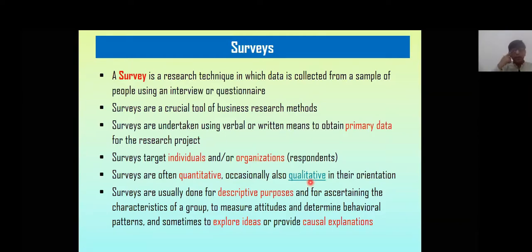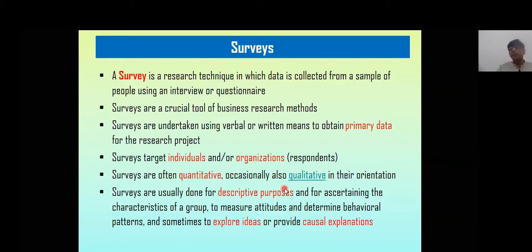In qualitative research, the responses are in the form of answers. That's why in quantitative research mostly we have a close-ended questionnaire, and in qualitative we have an open-ended questionnaire.